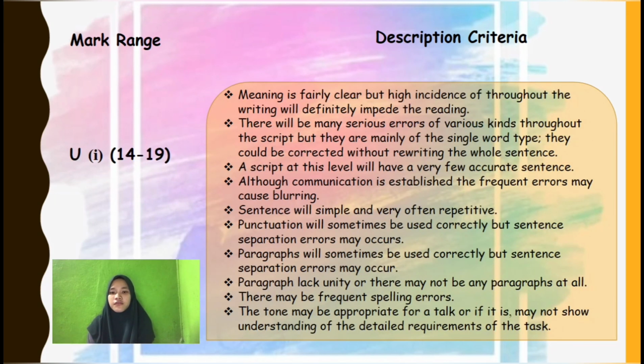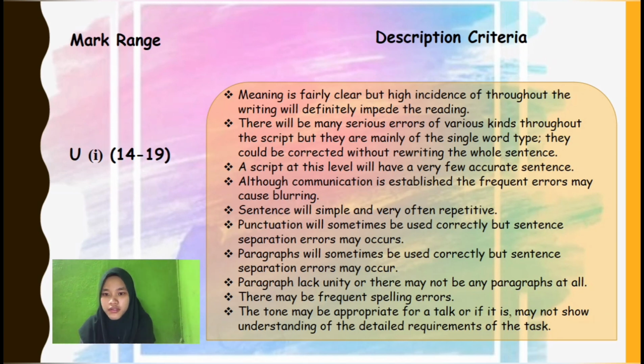Next, 13 to 19: meaning is very clear, but the high incidence of errors will definitely impact the reading. There will be many serious errors, and a script at this level will have very few accurate sentences. Although communication is established, the frequent errors may cause blurring. Sentences will be simple and very often repetitive.